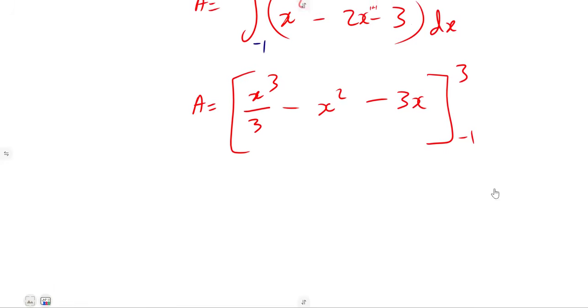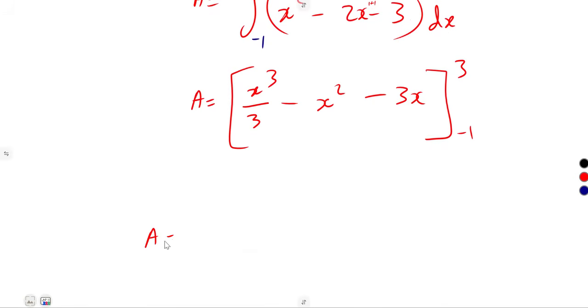Substituting our limits, upper minus the lower. So in place of x, just put that 3 to the exponent of 3 over 3. 3 squared, all right, that's our x squared. So substitute that. It's going to be 3 squared.